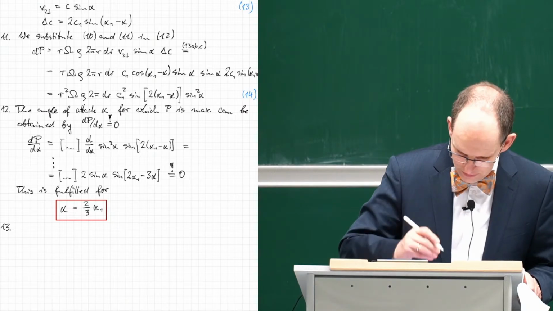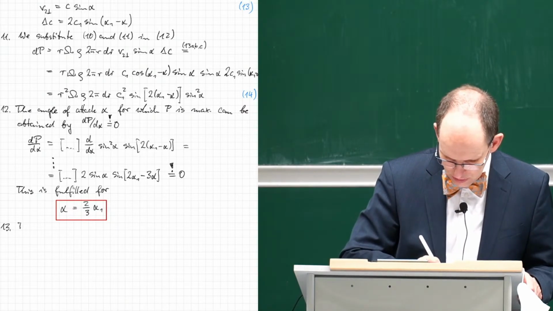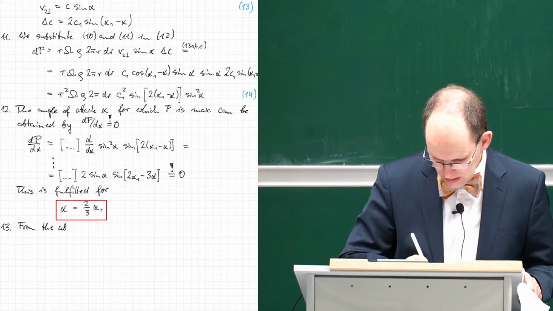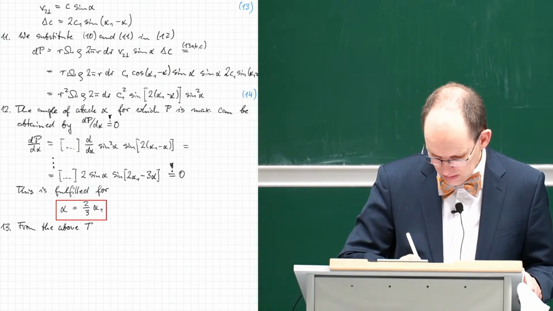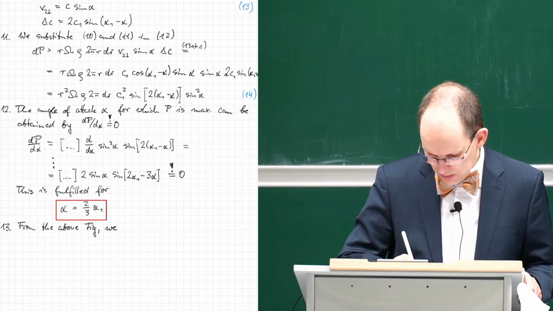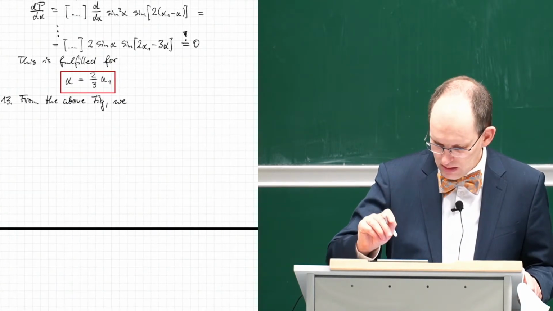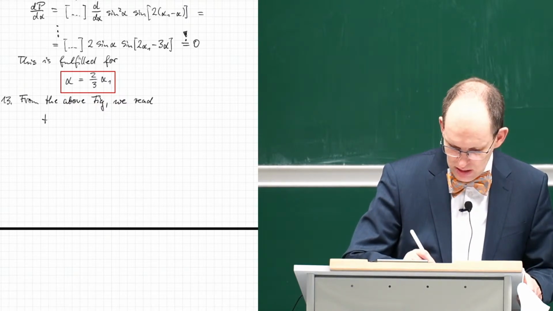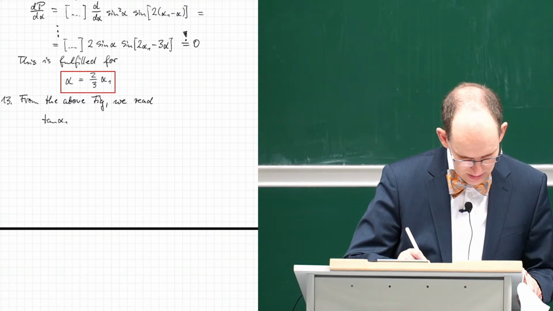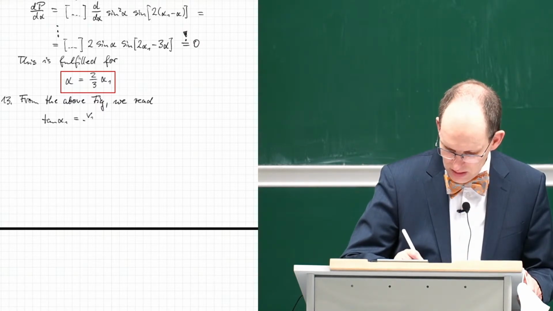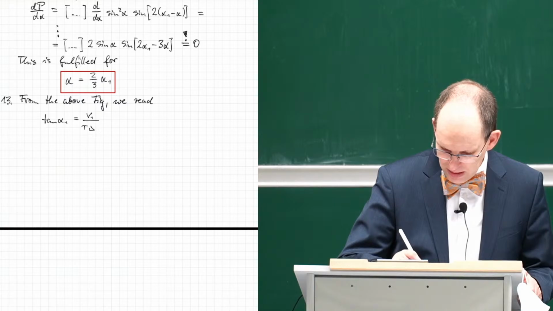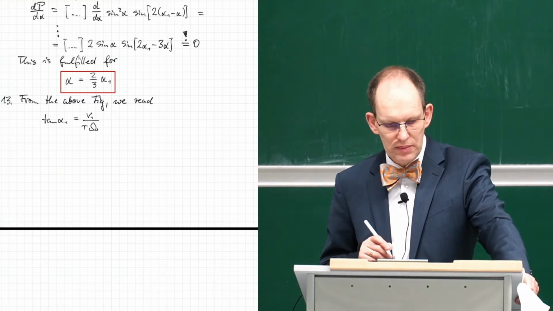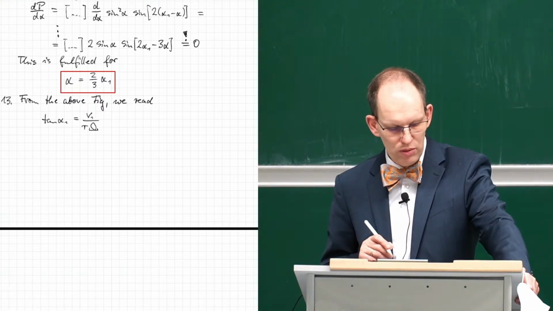Okay, so from the above figure, we read that the tangent of alpha 1 is equal to V1 over R times omega. So the green arrow in this figure divided by the blue one.